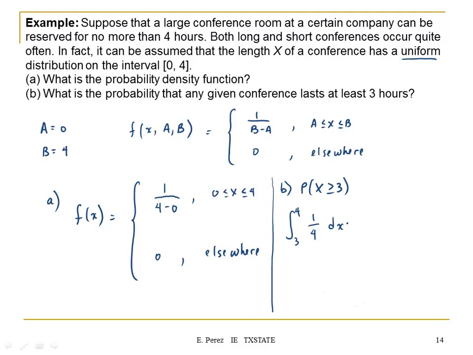You found the PDF, and you know the limits, so you integrate the probability distribution from 3 to 4. If you solve this, what will be the value? 0.25, or 1/4. Basically the integration is just 1/4 times x, and you evaluate that from 3 to 4. And this is 0.25.